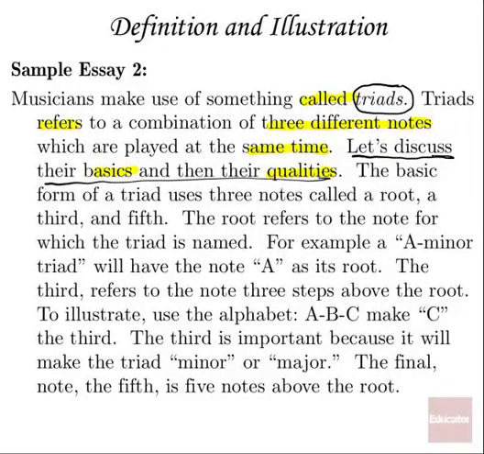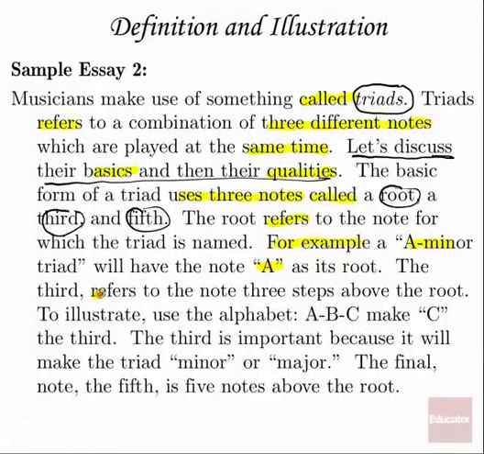The basic form of a triad uses 3 notes called a root, third, and fifth. Called. And then I'm going to circle these words here. We got root, third, and fifth. The root refers to a note for which a triad is named. For example, the A minor triad will use the note A as its root.